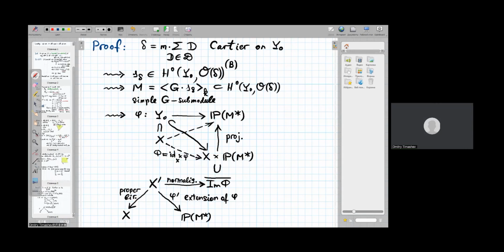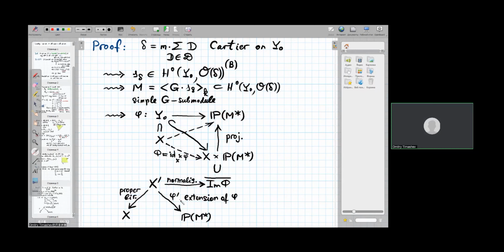Well, what does this picture give us? In particular, it gives us that the line bundle corresponding to the divisor delta, which we use to construct this map. We constructed this map phi in such a way that the line bundle O of delta is the pullback of the canonical ample line bundle on this projective space, the pullback of O of 1.